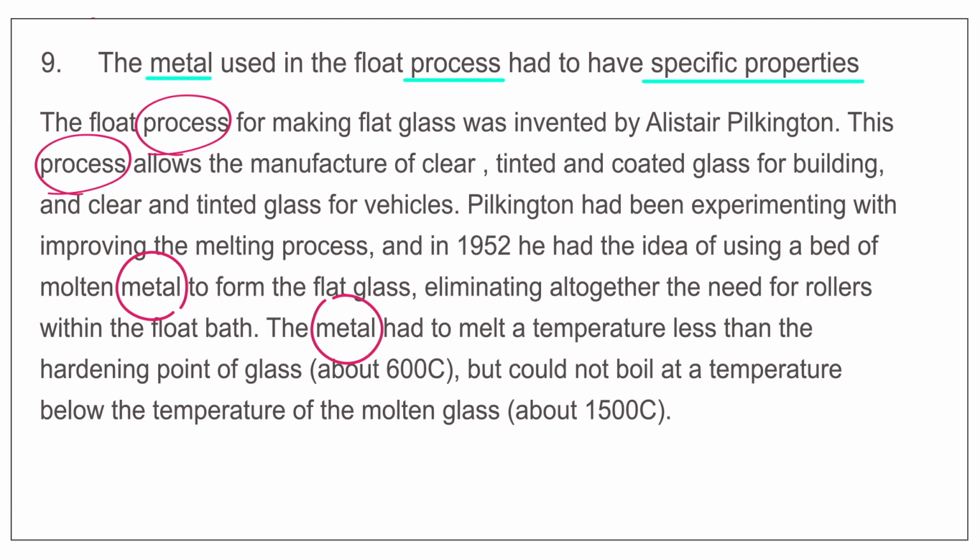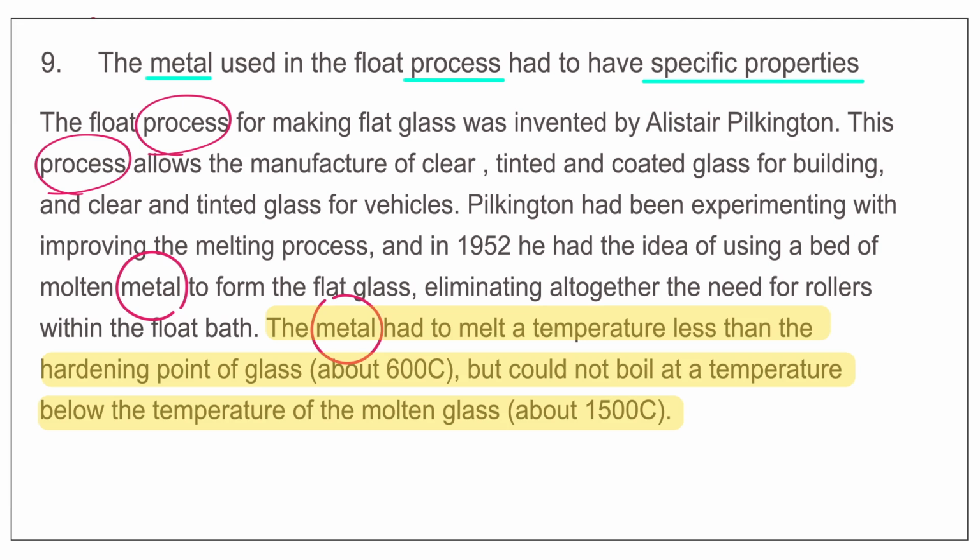All right, so let's take a look at the sixth line. The metal had to melt at a temperature less than the hardening point of glass. Right. Now let's read this sentence because we have the word metal here. The metal had to melt at a temperature less than the hardening point of glass, about 600 degrees Celsius, but could not boil at a temperature below the temperature of the molten glass, about 1500 degrees Celsius.